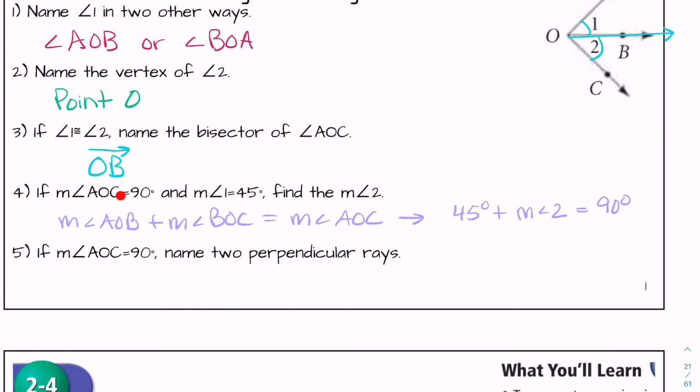And the measure of angle AOC is right here for the 90. All right, and I'm going to then take 45 away. And I get the measure of angle 2 is 45 degrees. And that's it. We are done.